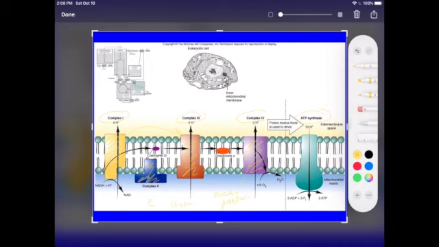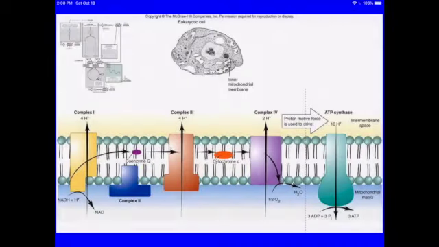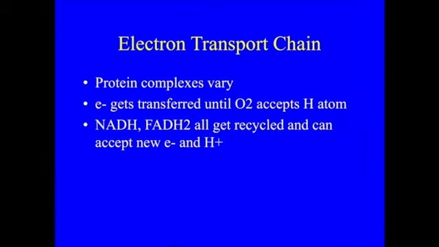So we've got 4 complexes, 1, 2, 3, and 4. And then ATP synthase, which is right here. Okay, so there are going to be different proteins in these depending on the microorganism.